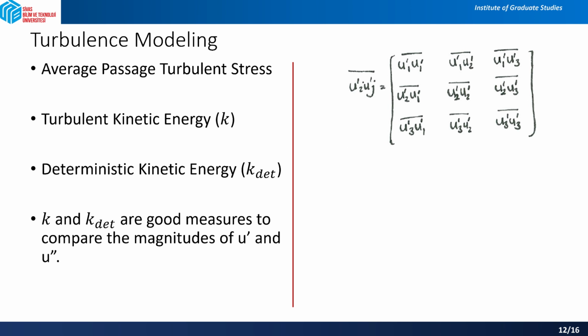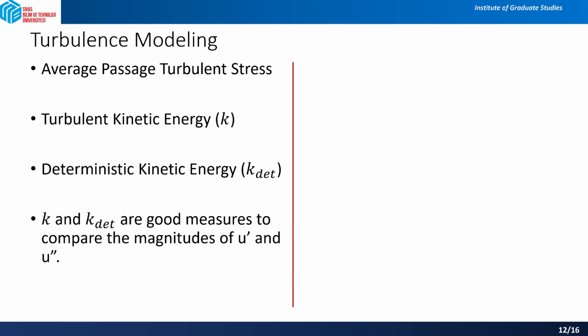In here, there is this thing. If you sum up these diagonal components, you will actually get your turbulent kinetic energy. From physics, you remember kinetic energy was 1 over 2 mv squared, right?